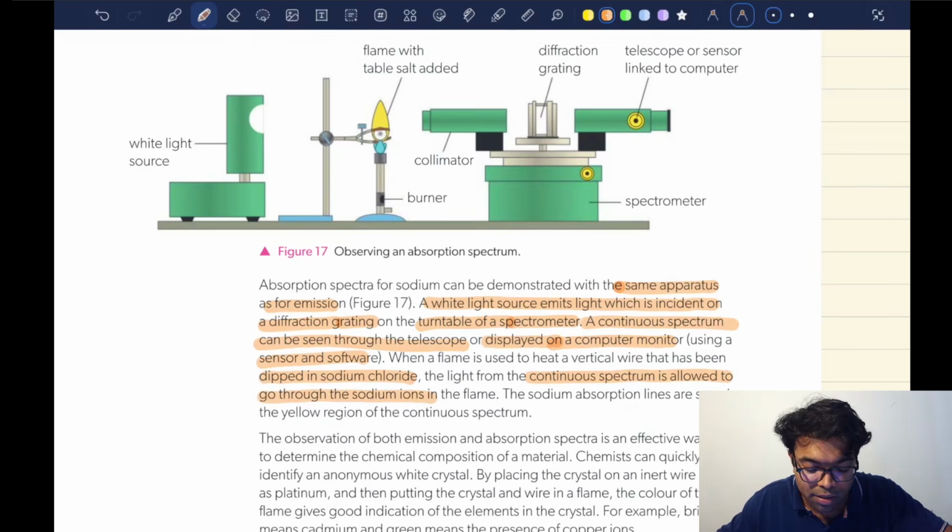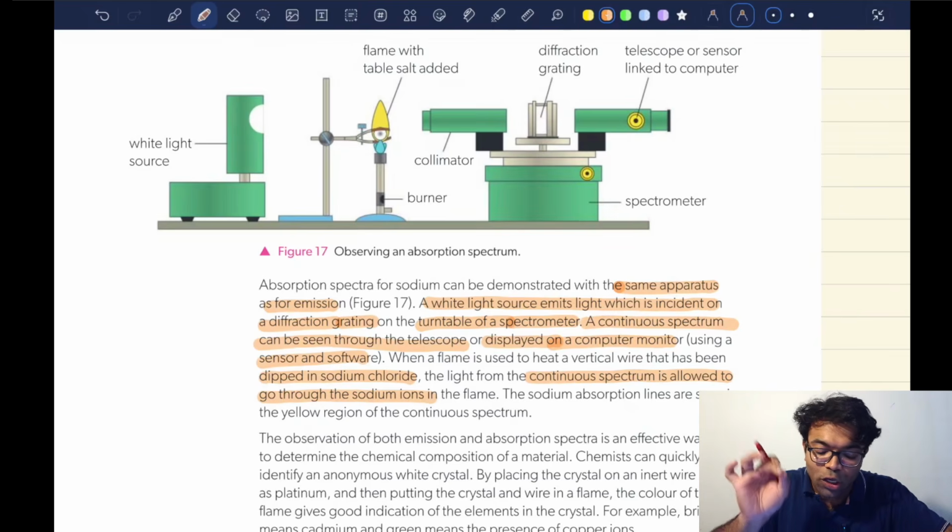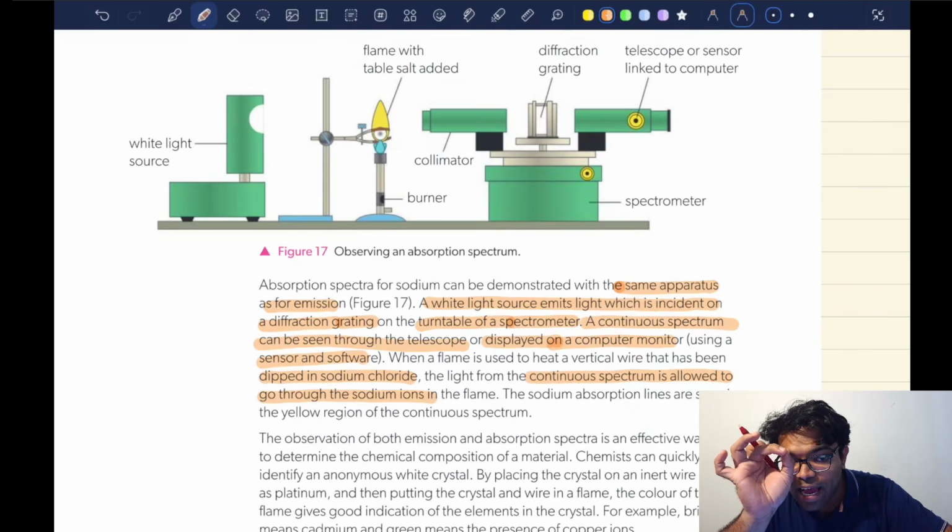Now, this is a Bunsen burner. On top of this, you have dipped a rod in sodium chloride solution. So the sodium chloride salt crystals are now stuck to the surface of that rod. And you are going to heat that rod in the Bunsen burner.